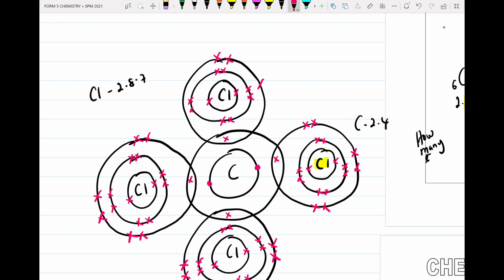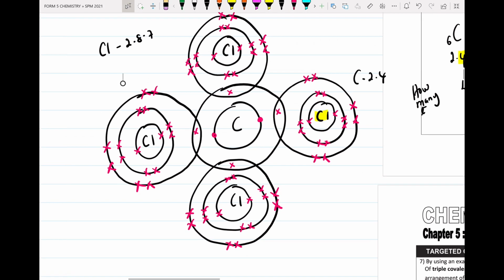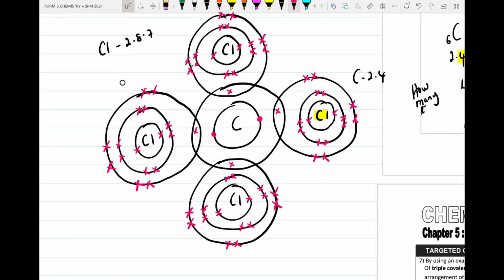Always remember, if chlorine contributes 1 electron, carbon should contribute 1 electron. They share mutually 1, 1, 1, 1. So this is the electron arrangement for CCl4.